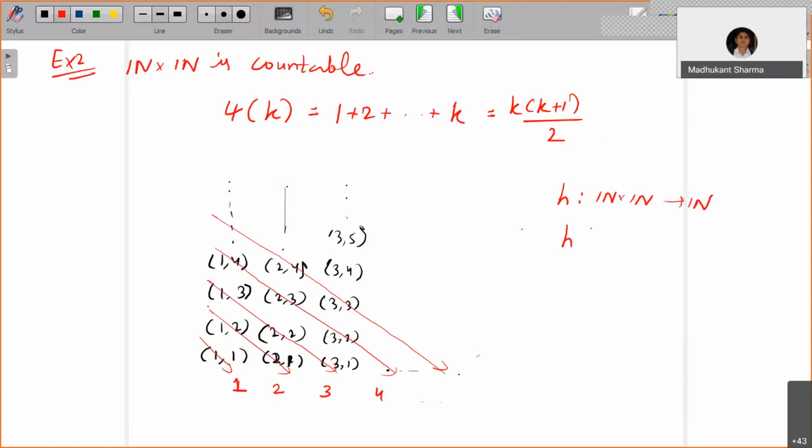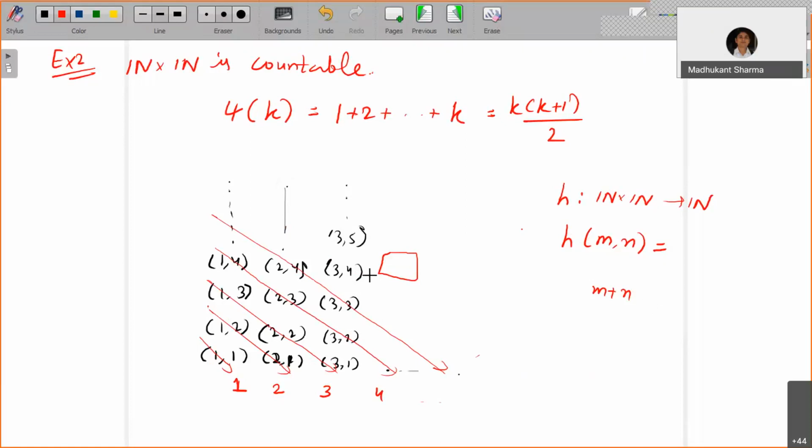You take any pair m comma n. How will you identify m comma n? We are going to find m comma n somewhere in the structure. So how will you reach it? Take the sum of these two, m plus n.